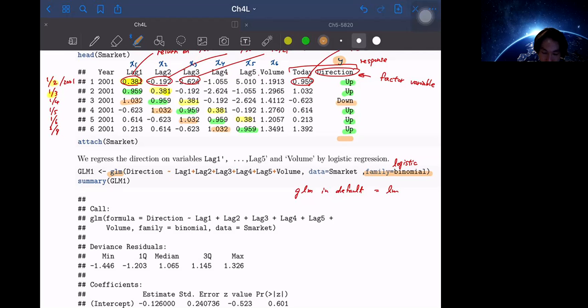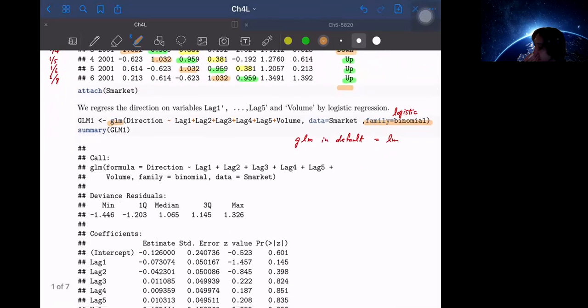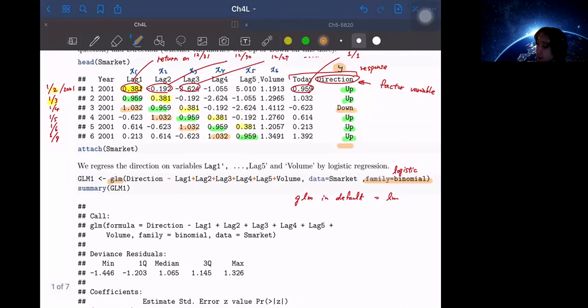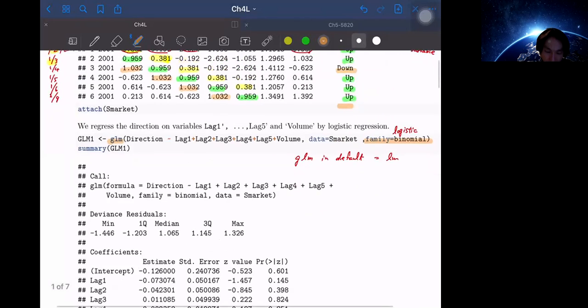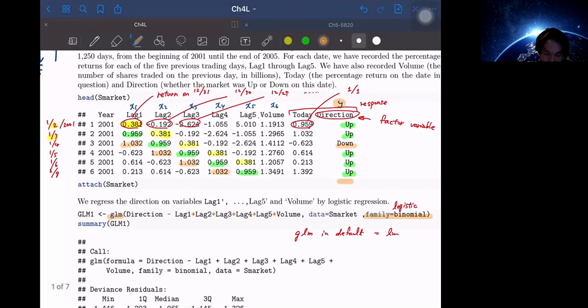These days you can just include character vectors in a data frame; in the past we had to use a special option. So this S market data is a data frame.